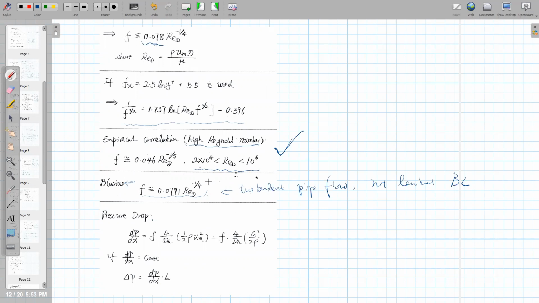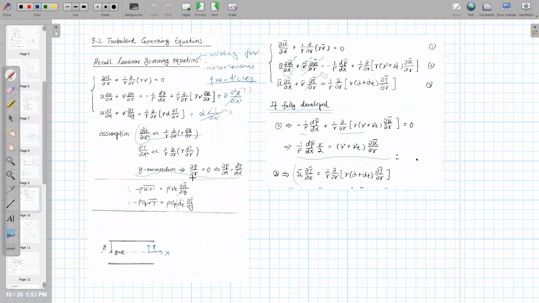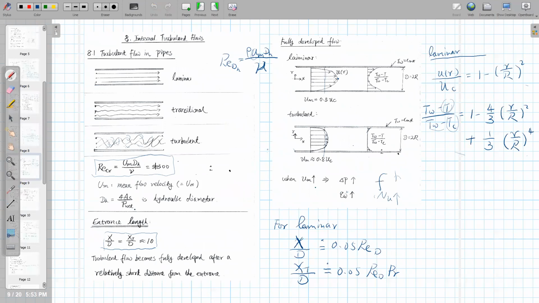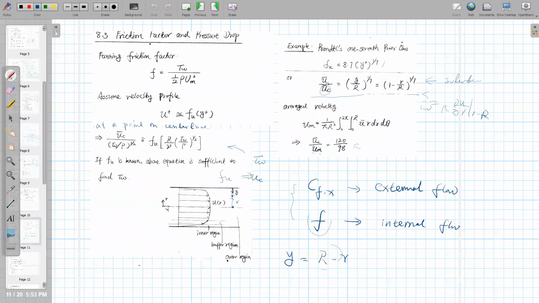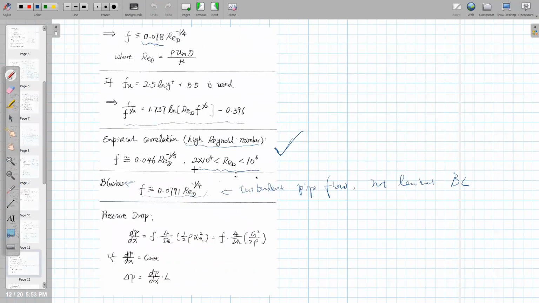Remember that we consider our transitional Reynolds number 2300, so this value is much larger than that critical Reynolds number. That's why this is only working for high Reynolds number. It's empirical, and this is a very commonly used F value you can use for fully developed turbulent pipe flow.